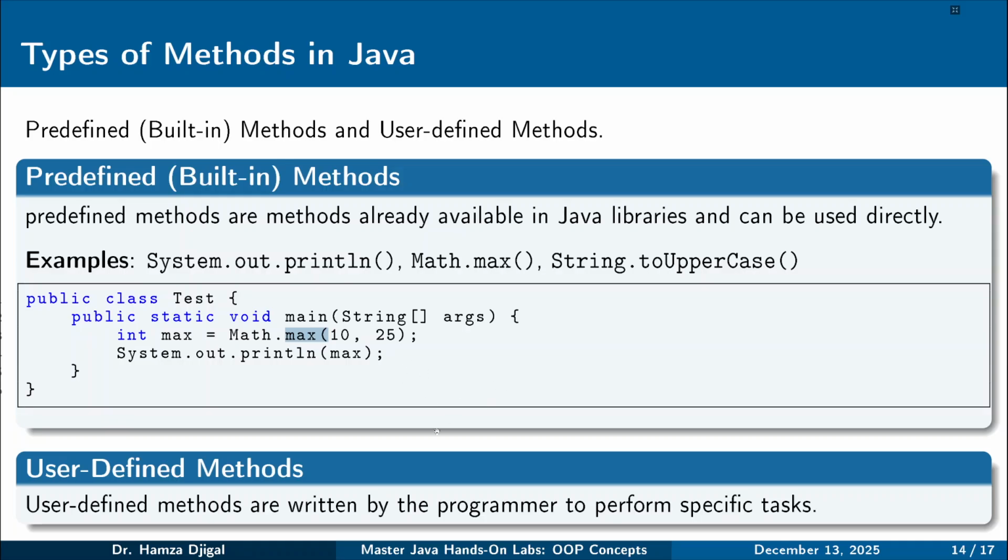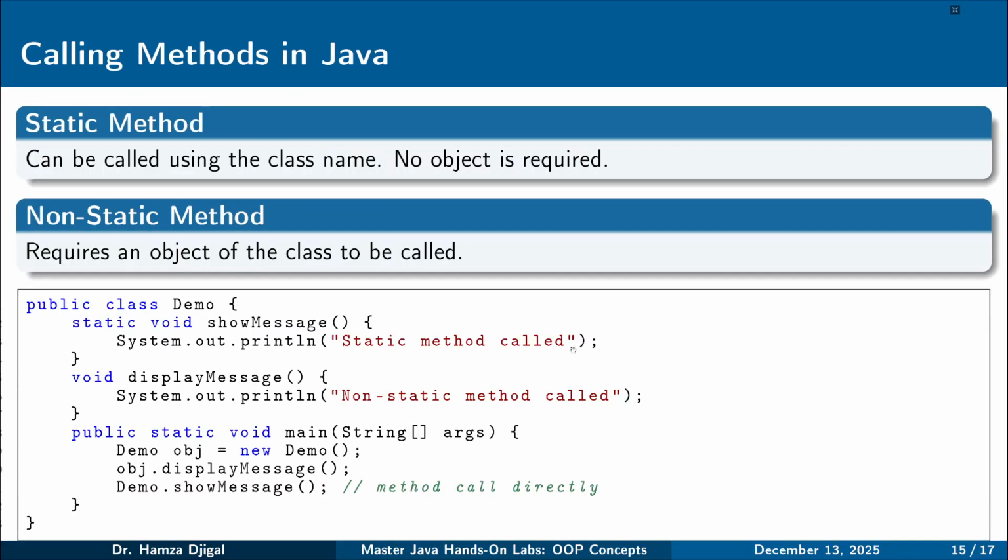Then we have the second type of method, which is the user-defined method, a method that we write ourselves. Then we have the static keyword. A static method is similar to a static variable: it can be called using the class name. I can use it without creating an object, but for a non-static method, I need to create an object to use it. Let's see one example.